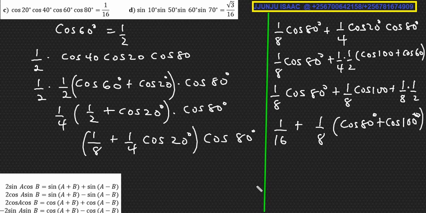Okay, so from here we do have to now change this to product, cos plus a cos, that is going to be 2.